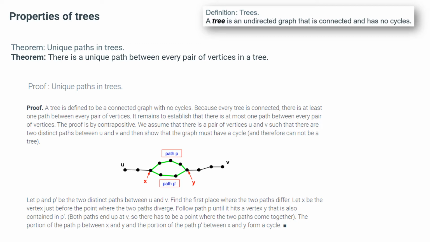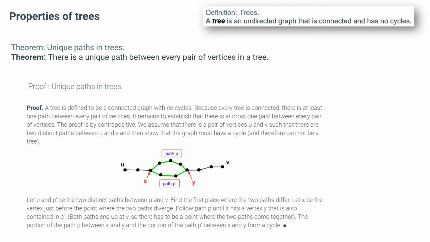Okay, so let's assume that this is not true, that there are two vertices U and V in any tree, and that there is more than one way to get from U to V, more than one unique path.